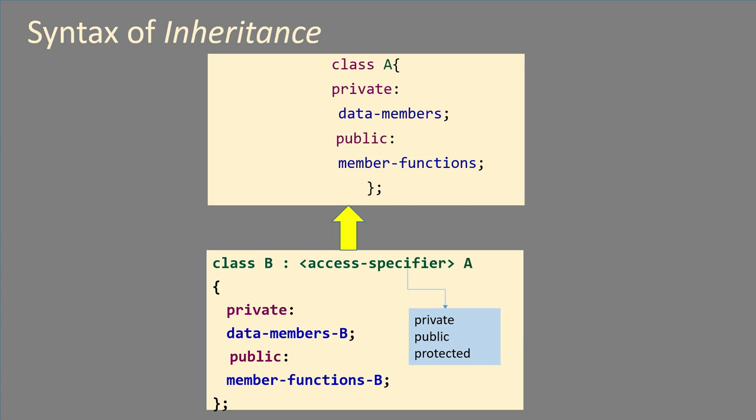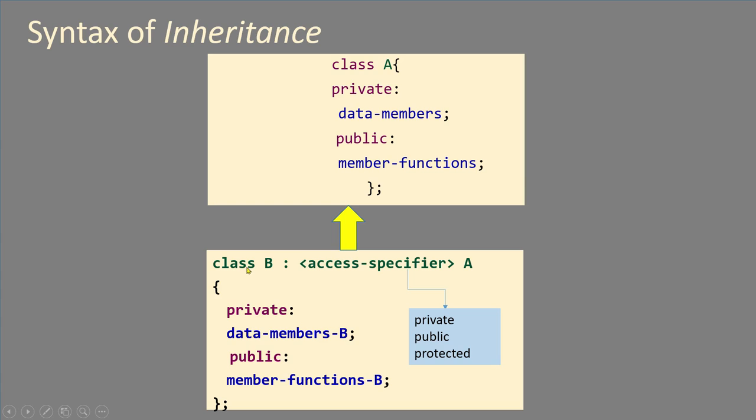What is the syntax of inheritance and how do we use inheritance in C++? For example, I have this class A, which has data members defined in the private scope and member functions defined in public scope.